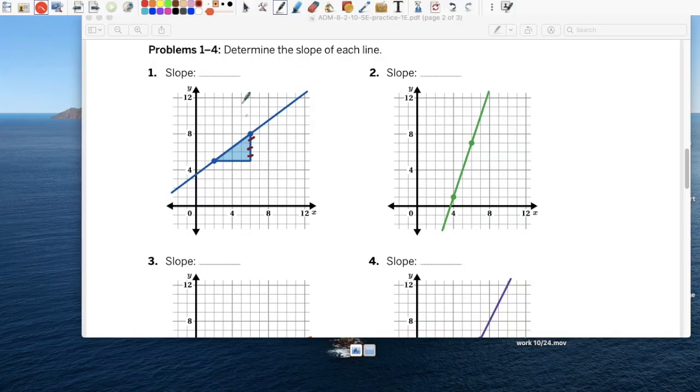This is 1, 2, 3 over the base. And then here the base is 1, 2, 3, 4.